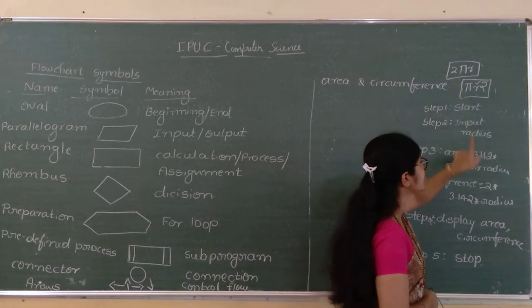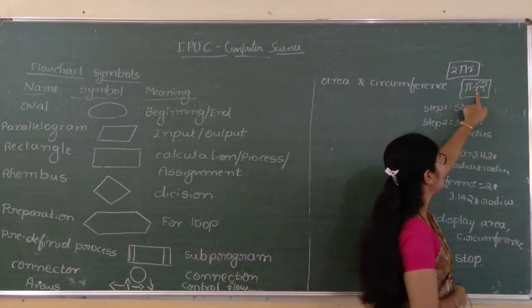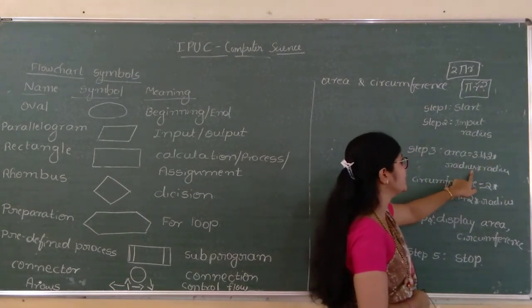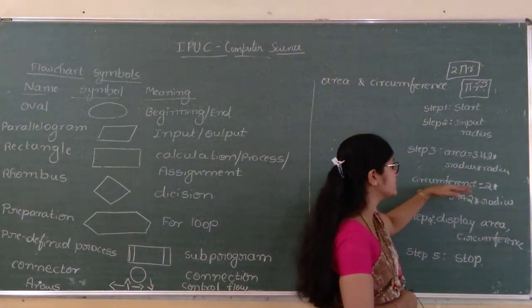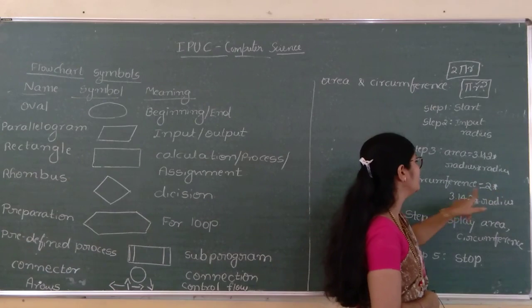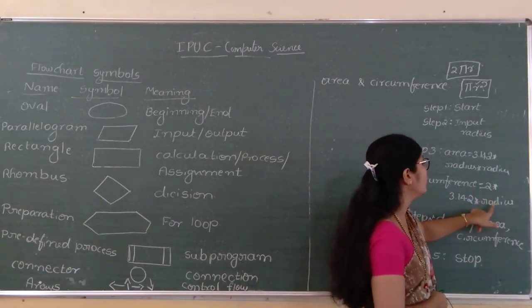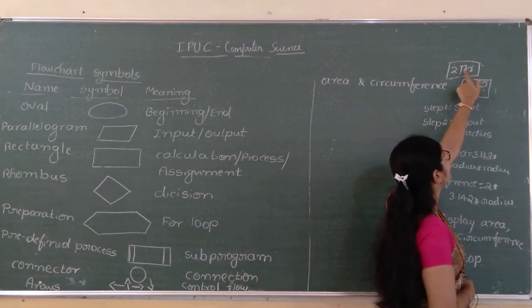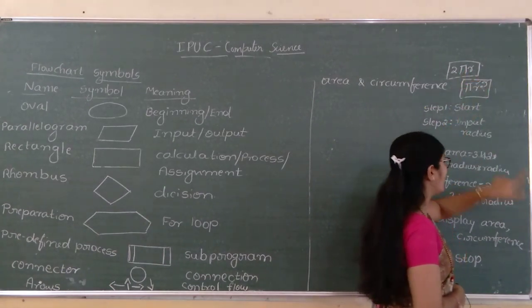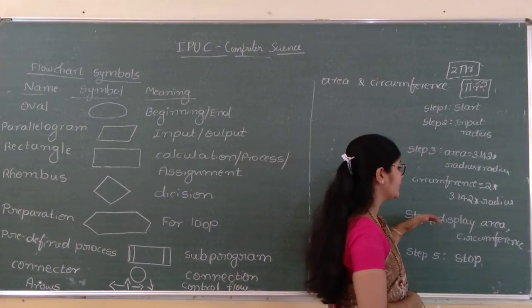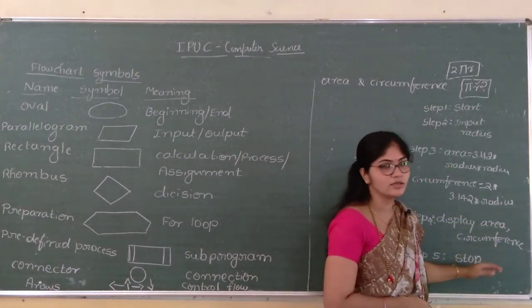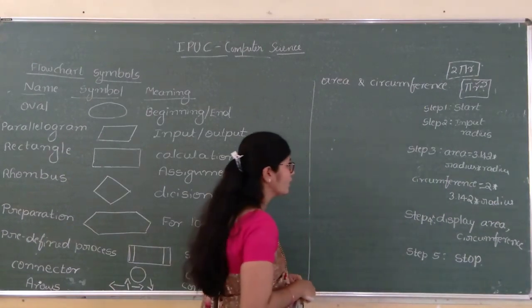Circumference is equal to 2 into 3.142 into radius, 2 pi r. Step 4 it has to display area and circumference. Step 5 is stop.